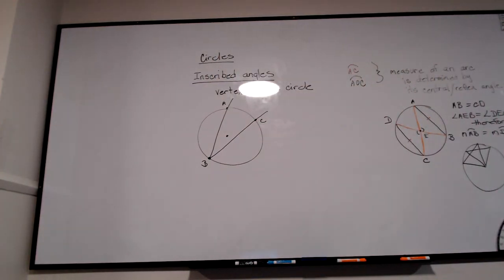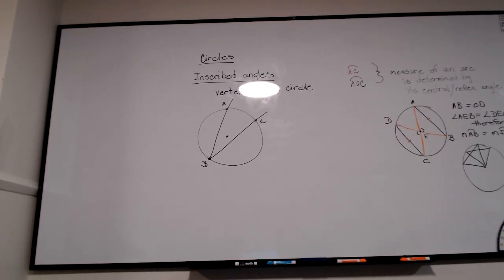It's not in the center. The difference between a central angle and an inscribed angle is that an inscribed angle has its vertex on the circle, not on the center. Okay, so that's the difference.